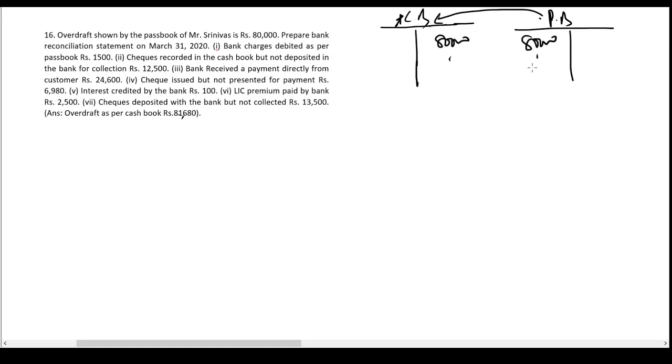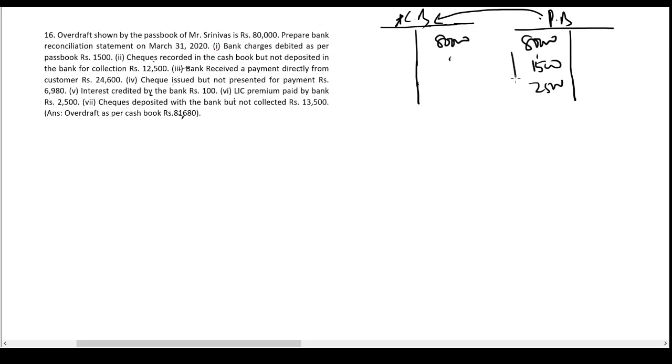Bank charges debited as per passbook rupees 1500. Checks recorded in the cash book but not deposited in the bank for collection. Bank received payment directly. Check issued. Interest credited. LIC premium paid by the bank rupees 2500. So it is also debited to the passbook.